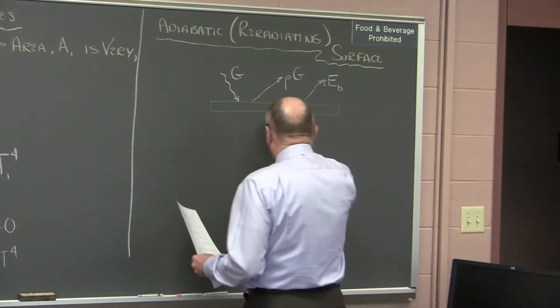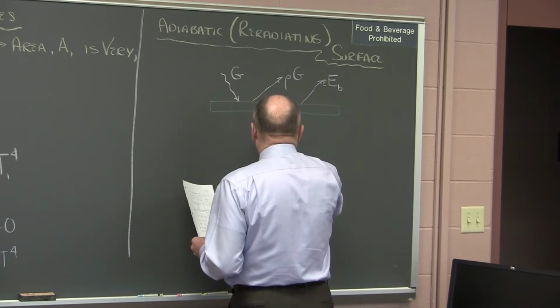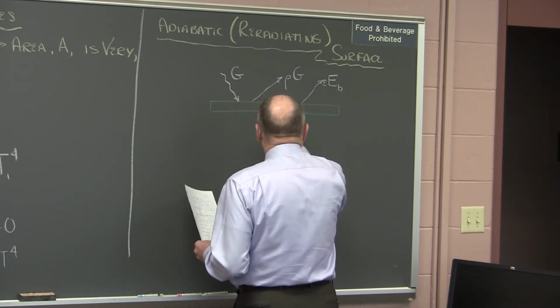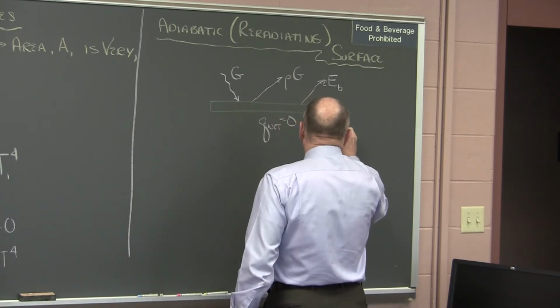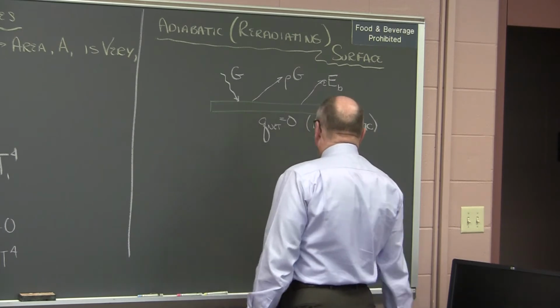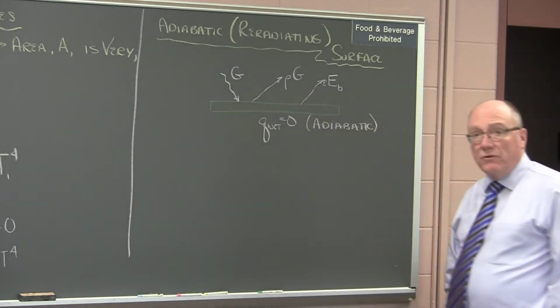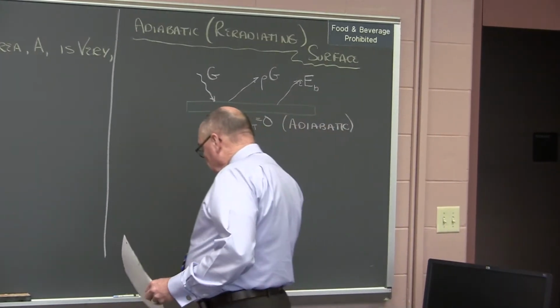In this case, the net heat transfer is equal to 0. In other words, as far as the surface is concerned, everything that comes in leaves, there's no net change in the surface. All right, so it's adiabatic. Now, let's do the first one.